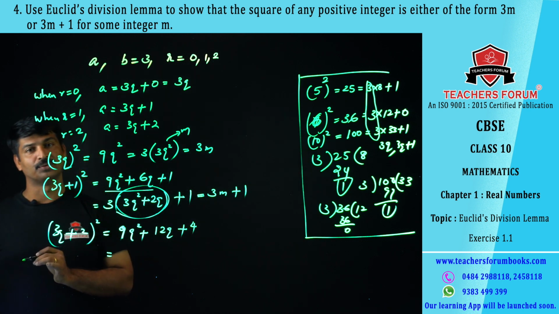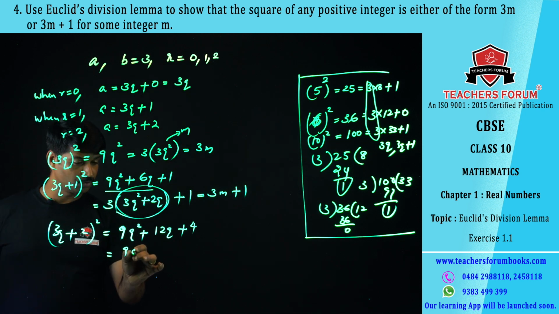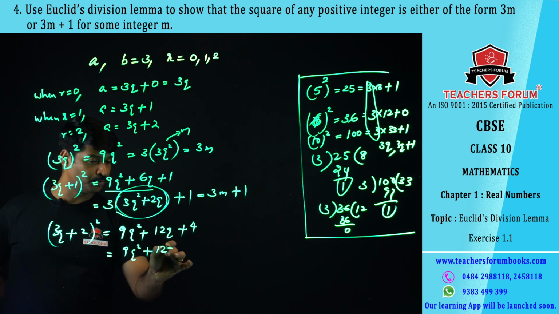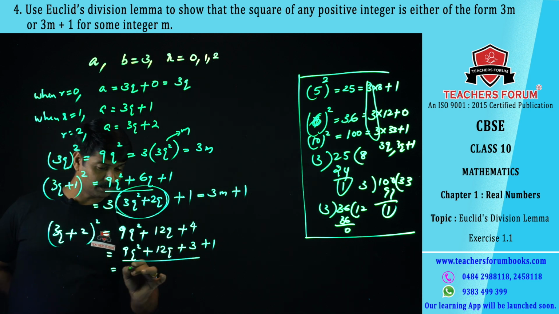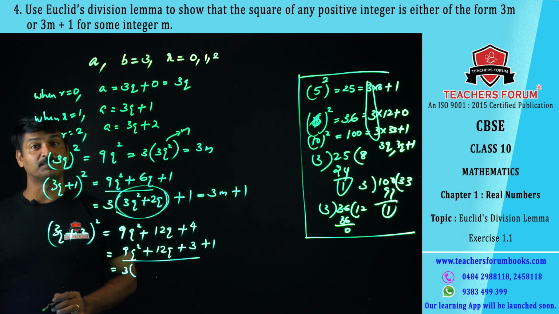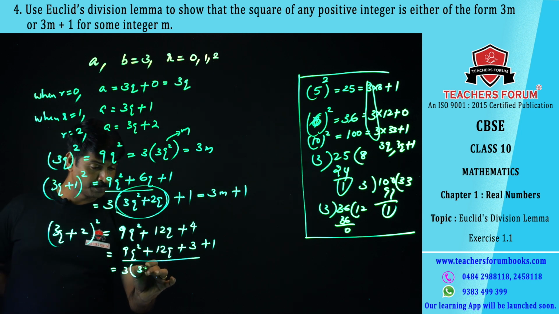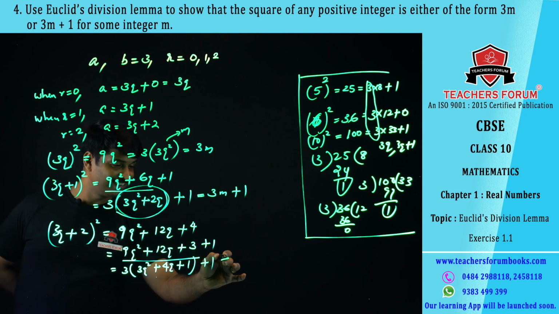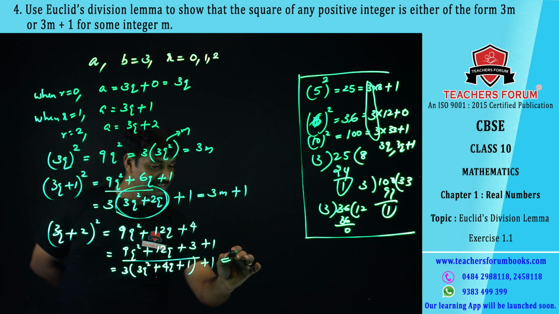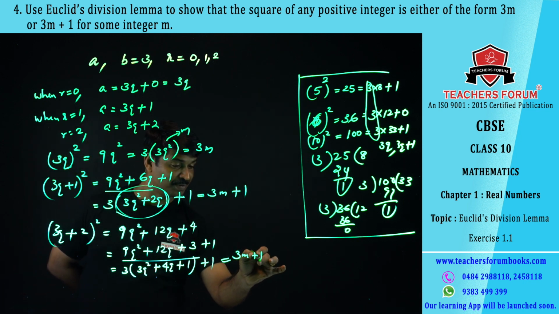That is equal to 9q square plus 12q, and 4 can be written as 3 plus 1. Now you see what is common. You can take 3 outside of the first 3 terms. It becomes 3 into 3q square plus 4q plus 1, plus 1. This is also of the form 3m plus 1.